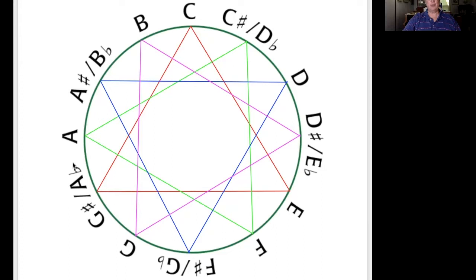Let's take, for example, the pink triangle here. If we look at it starting on the G, then what we have is a G augmented triad. We have G, B, and D sharp. But if we look at it starting on this note and call it E flat, what we have is E flat, G, and B natural.